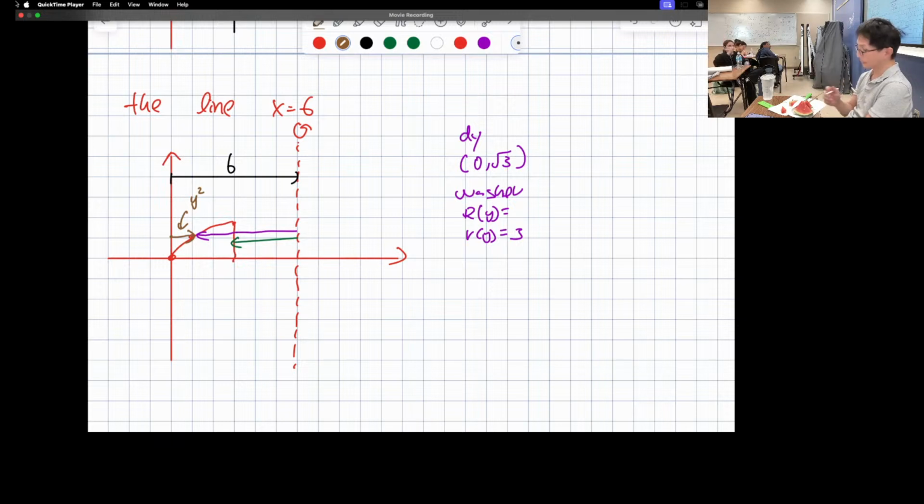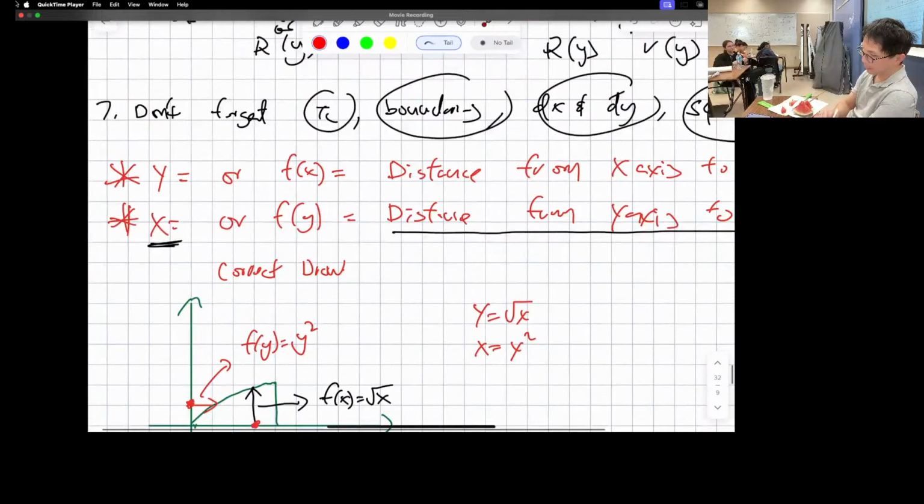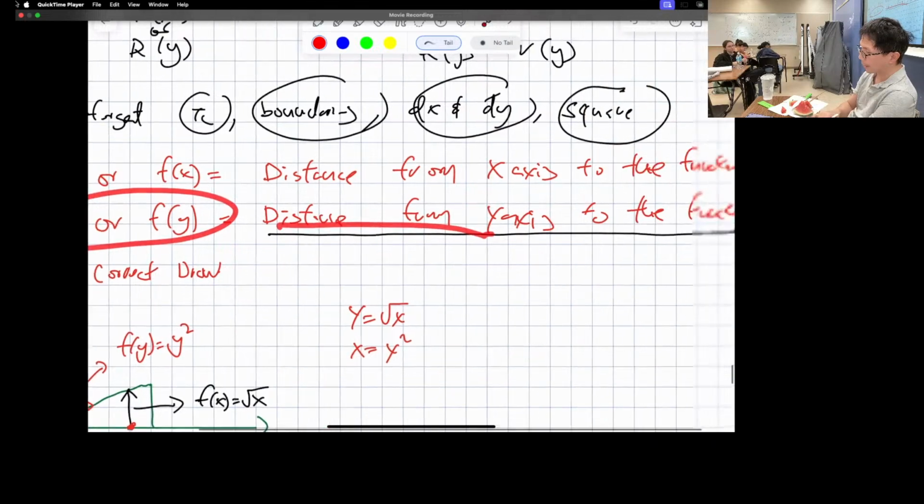Wouldn't the y squared be the inside part, like this part of the curve? The y squared is from here to here. It's the distance from the axis to the function. You look at this definition here: x equal to is the distance from the y-axis to the function.